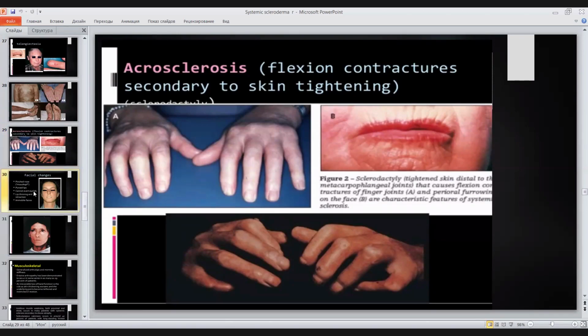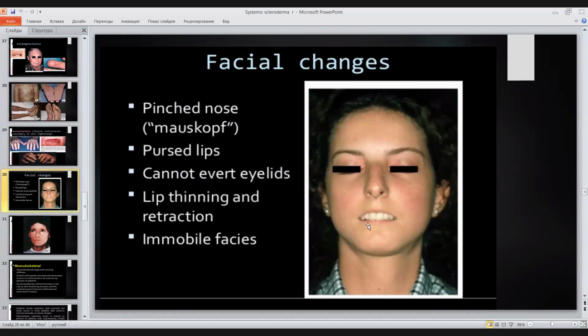For example, look at this picture. Look at her mouth also. It's called pursed lips. The lips look like one small line because fibrosis decreases the volume of the lips.